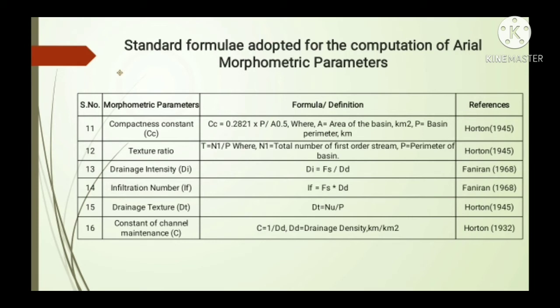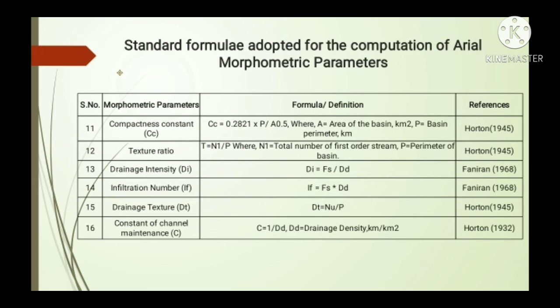Drainage texture communicates the relative channel closeness, which is dependent on the underlying lithology, relief aspect, and infiltration capacity. It is a parameter considered important in the morphometric analysis. In 1956, Schumm defined the constant of channel maintenance as an inverse of drainage density, used as a landform characteristic.